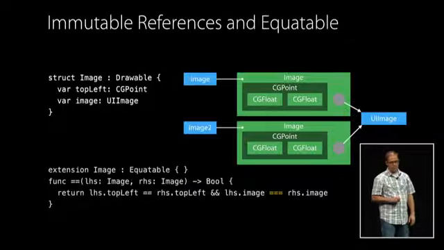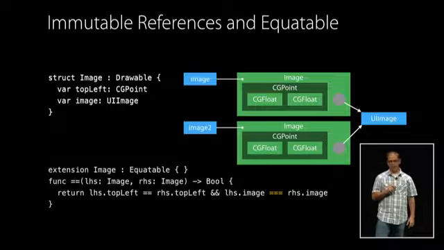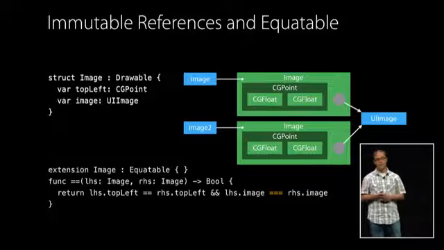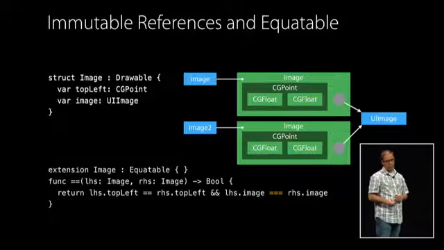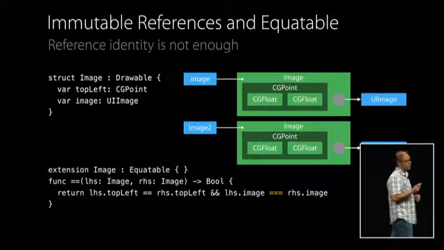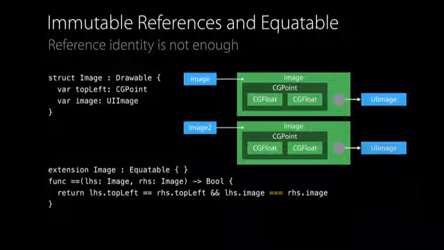And of course, we want to make sure and implement the equality. At first blush, you might look at this and think, okay, I'll use the triple equals operator, which is going to compare the reference and see if those references are the same. Well, this would work okay in this example, but we also have to think through what happens if we create 2 UIImages using the same underlying bitmap.